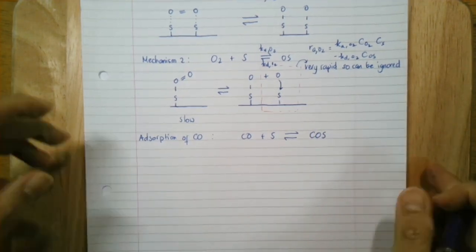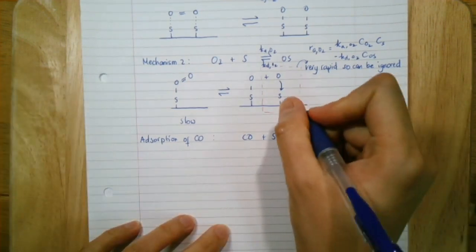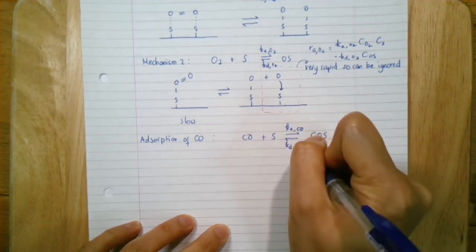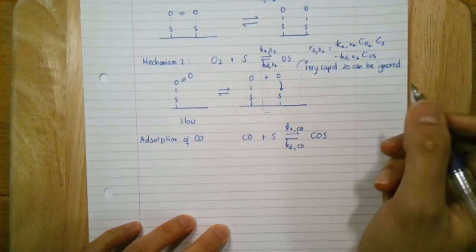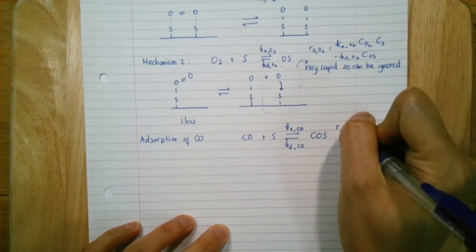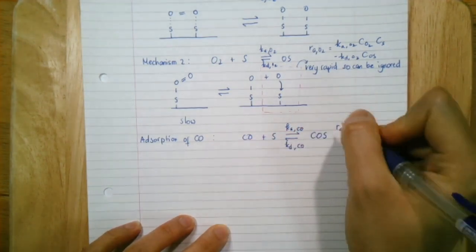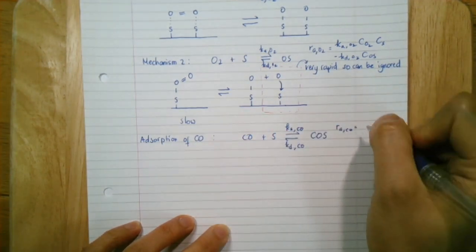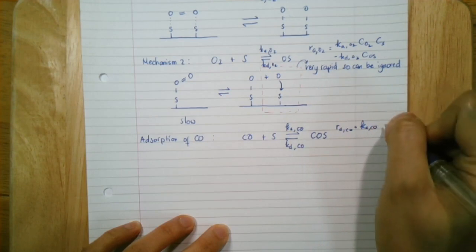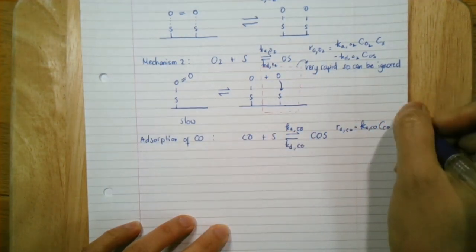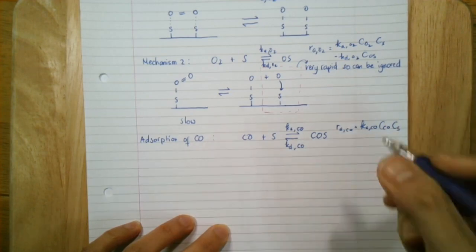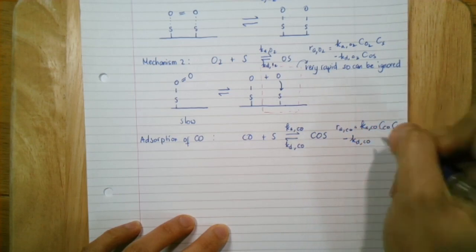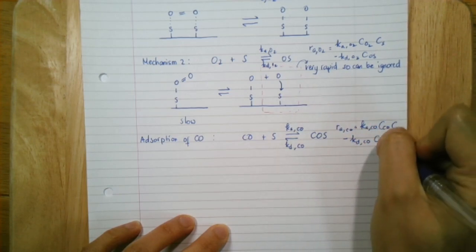We write the adsorption and desorption rate constants, so this is KA CO and this is KD CO. The net rate of adsorption of CO, RA CO, is equal to the forward step, KA CO times the concentration of CO times the concentration of the vacant site, minus the reverse rate, KD CO times the concentration of COS.